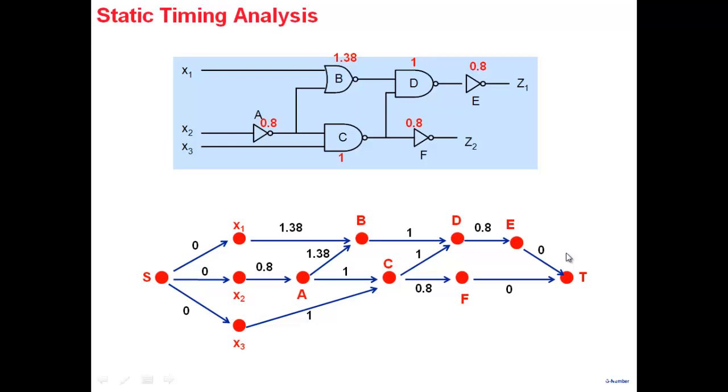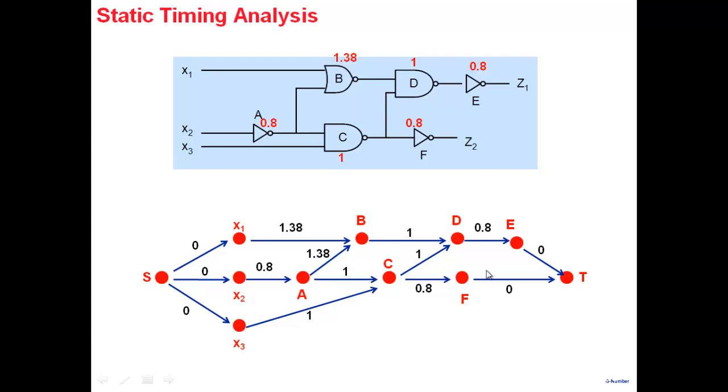So we may end up getting something called a false path. So once I find a slowest path, that's a potential issue. What I just want to tell you is that at this stage, we have lost information about the gates here. But anyway, let's proceed.